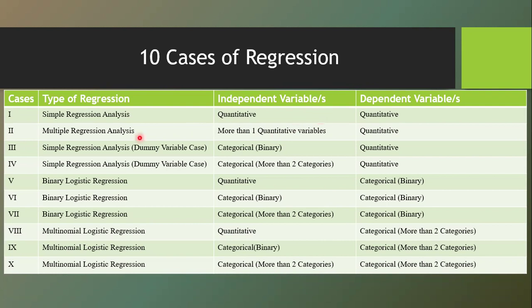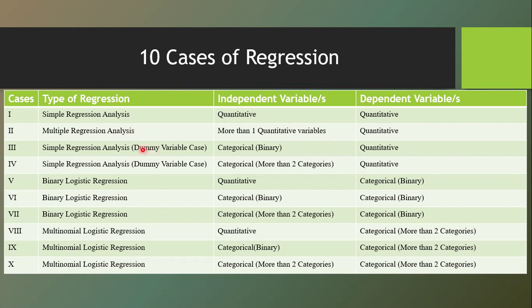Similarly, if you have more than one quantitative independent variable, quantitative meaning measurable, not categorical, not binary, basically continuous, and you are going to see their impact on the dependent variable, you are dealing with multiple regression analysis. That is the second case.